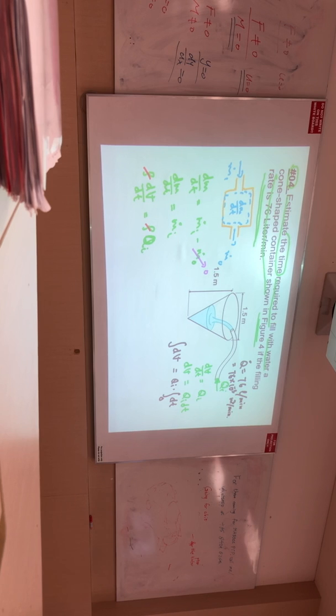So when time equals 0, volume is 0. When time equals maximum, this is the volume of the cone. Then after integration, I can write Vc becomes Qi times total time.